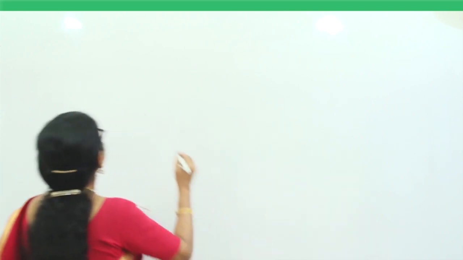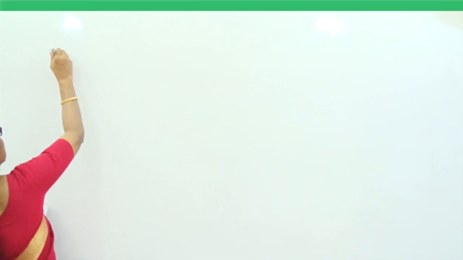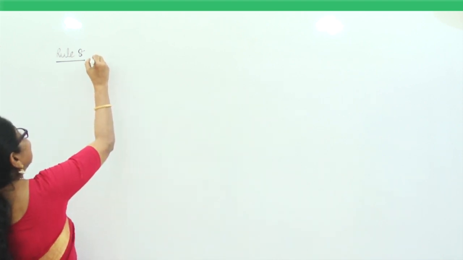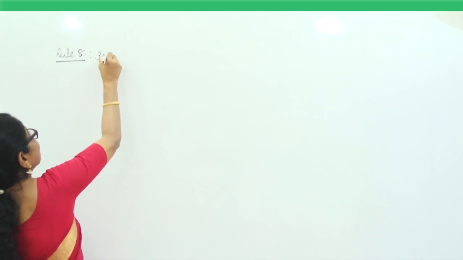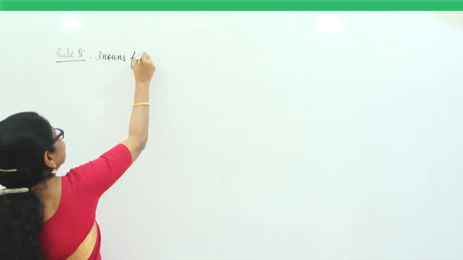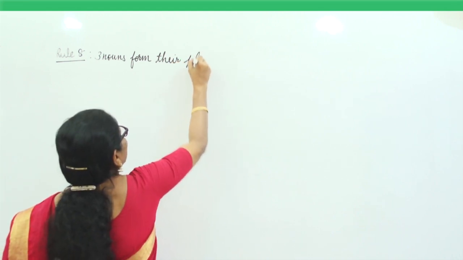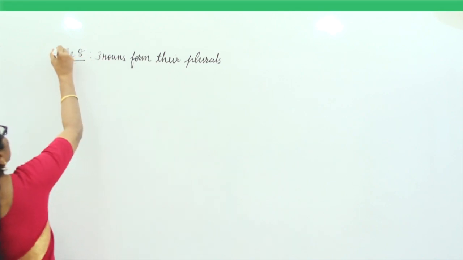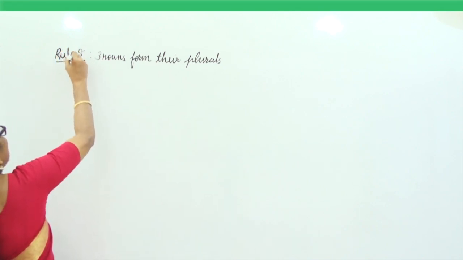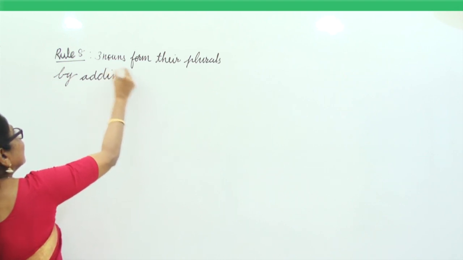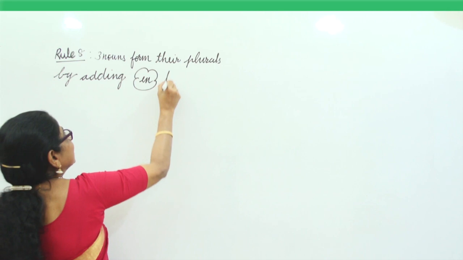So rule number 8 says, there are 3 nouns that form the plural by adding en to the singular.